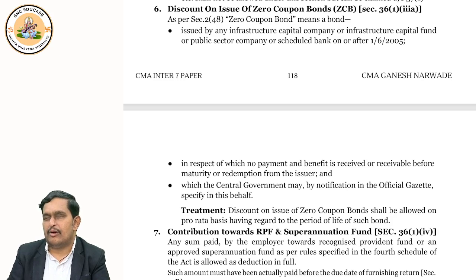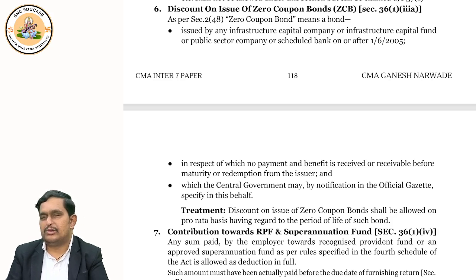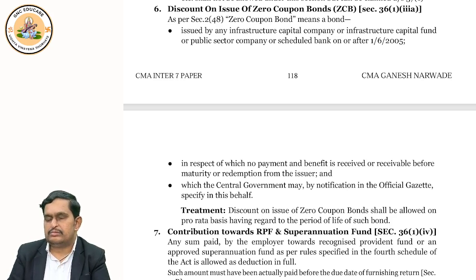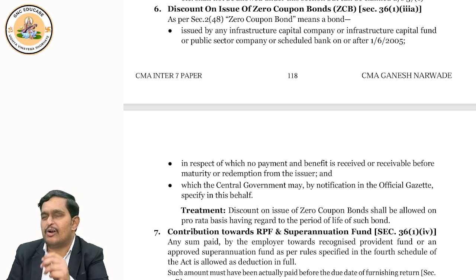Okay. Now, when we purchase an asset by taking a loan, interest paid up to the date of purchase of the asset or putting the asset to use is not allowed as deduction. It is added to the cost of the asset. But any interest paid after the asset is put to use is allowed as deduction under section 36.